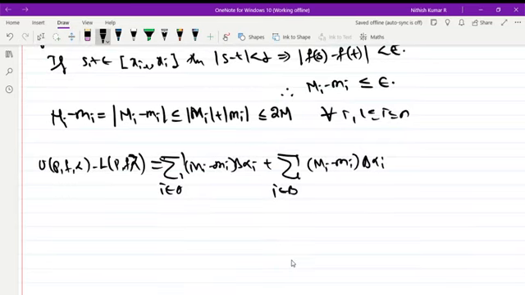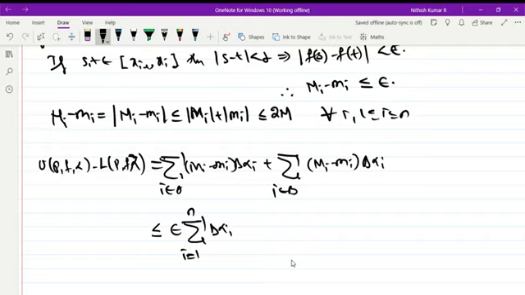Now capital Mi minus small mi, whenever i belongs to A, is less than or equal to epsilon, so this part is less than or equal to epsilon into the summation of delta alpha i, taking the summation from i equal to 1 to n.